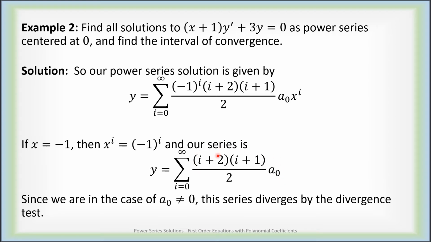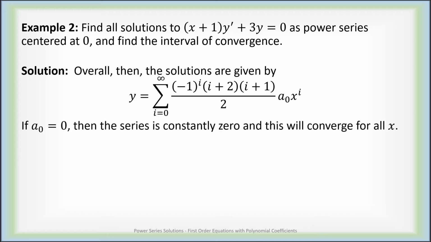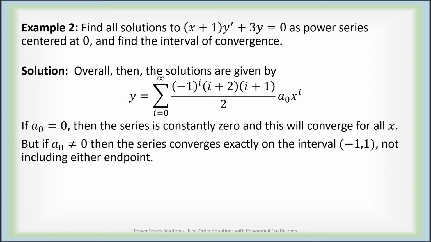It's going to infinity, in fact, or minus infinity if a_0 is negative. So by the divergence test, this series also diverges. So overall, we found our power series. If a_0 is 0, it converges everywhere, kind of stupidly. But if a_0 is not 0, it converges exactly on the interval from negative 1 to 1, not including either endpoint.